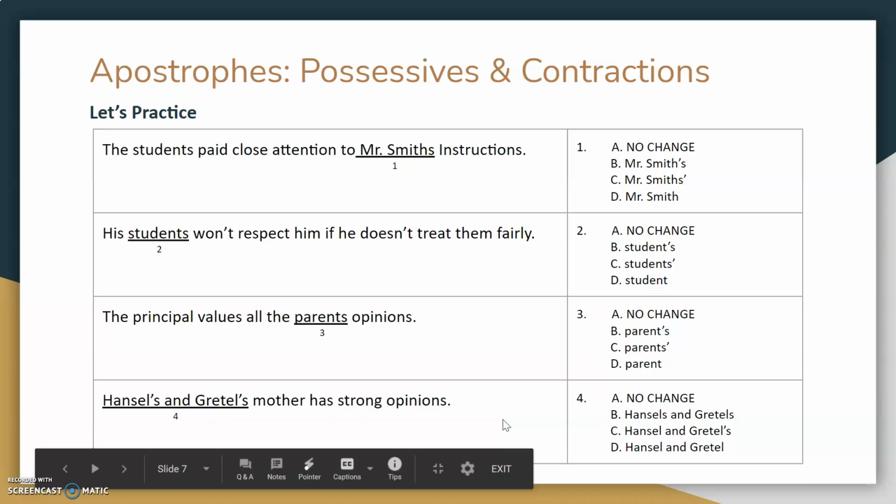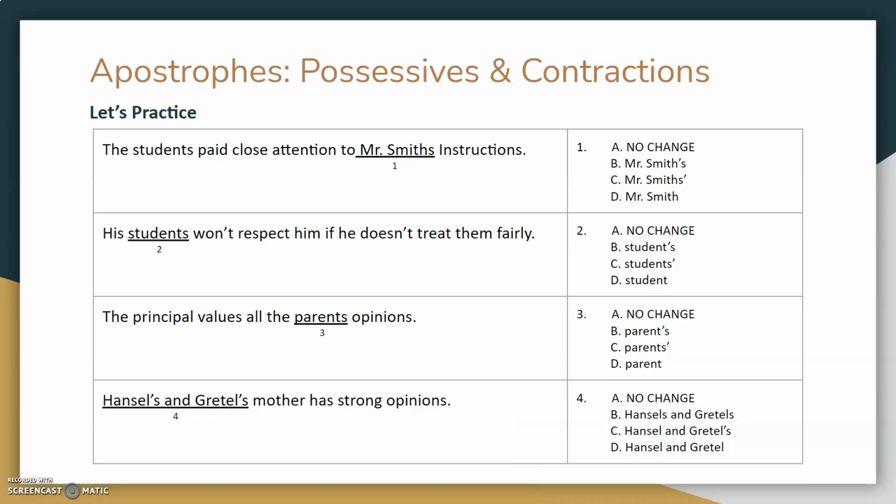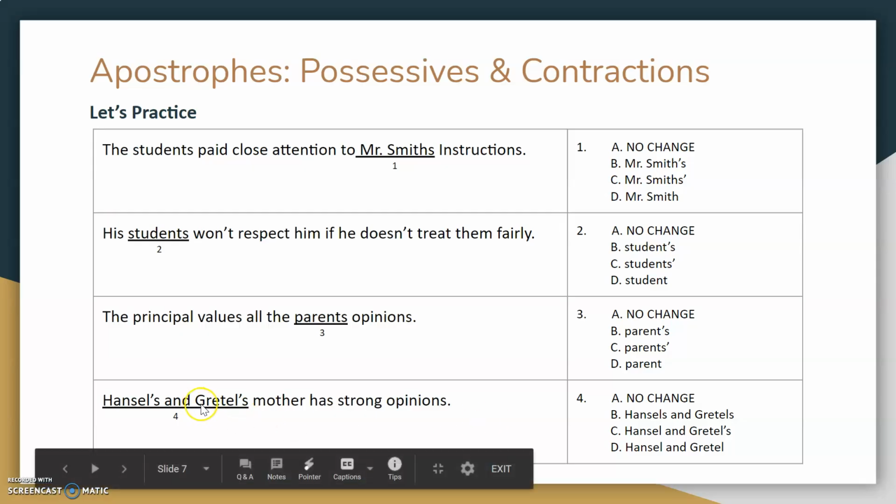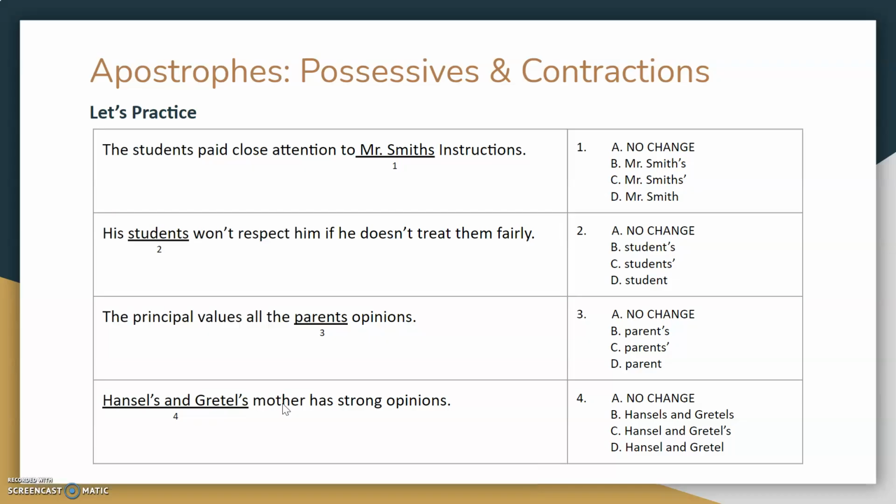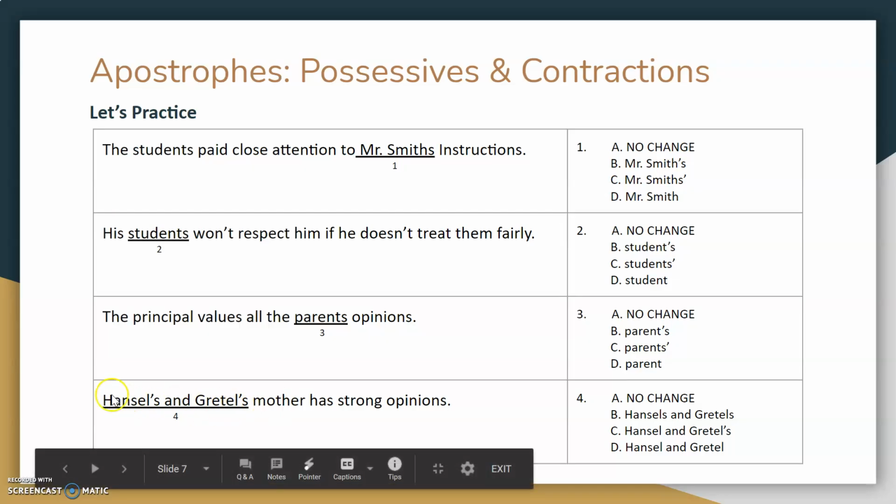Lastly, here we have Hansel and Gretel. So Hansel and Gretel's mother has strong opinions. So does something belong to Hansel and Gretel? Sure, the mother. I mean, they don't technically own her, but right, she's their mother. So we need this possessive noun here. Does Hansel and Gretel end in S?